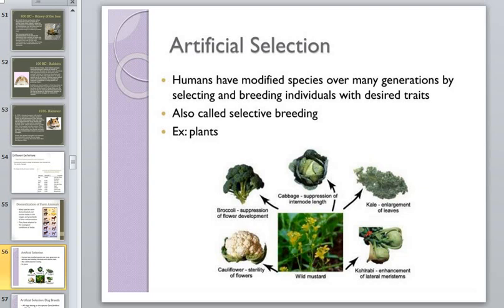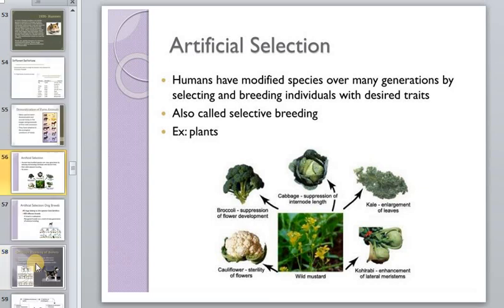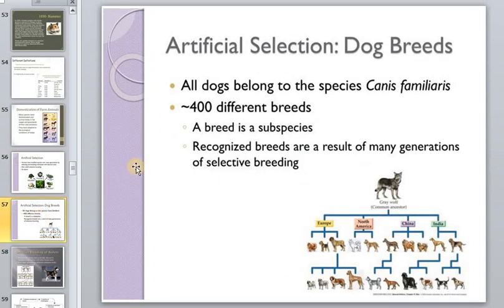As we have already said, it was the selection of generations that needed a lot of time, and it was painstaking fine work, and it takes a long time, and now all of those belong to the species Canis familiaris, and we now have more than 400 different breeds, but it takes painstaking fine work.